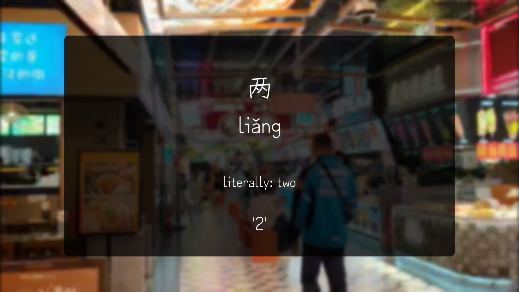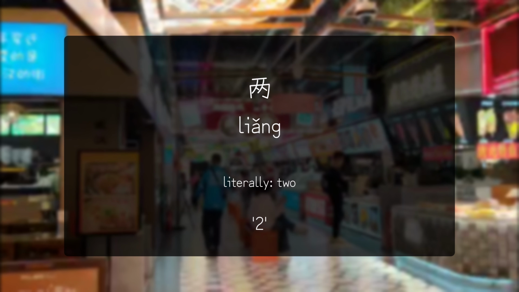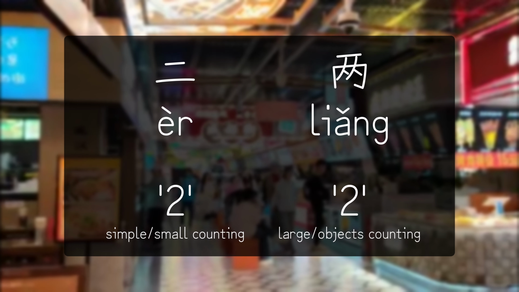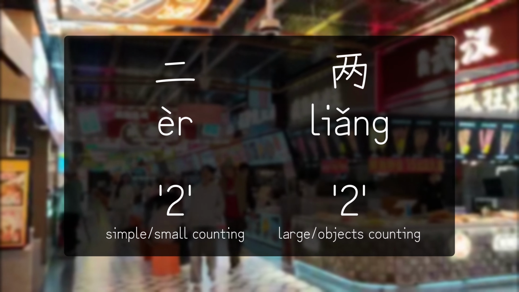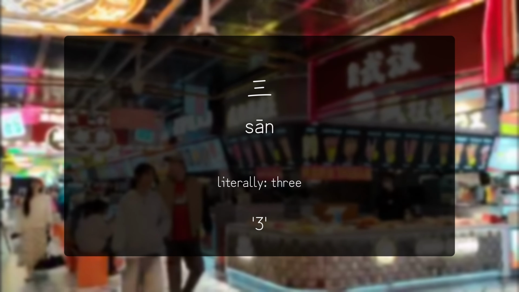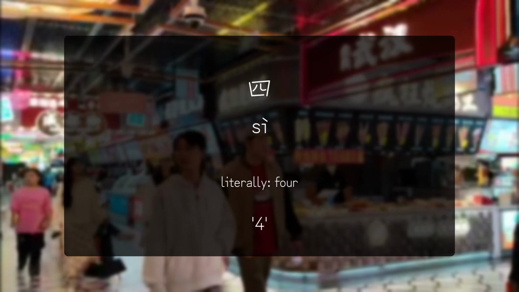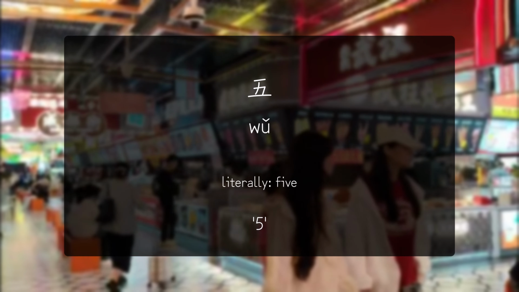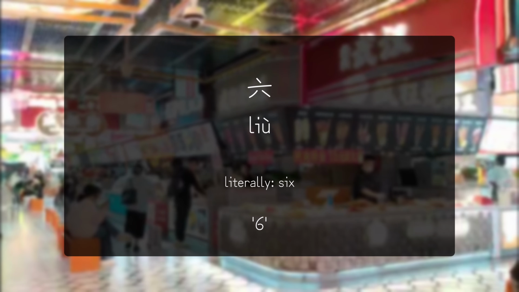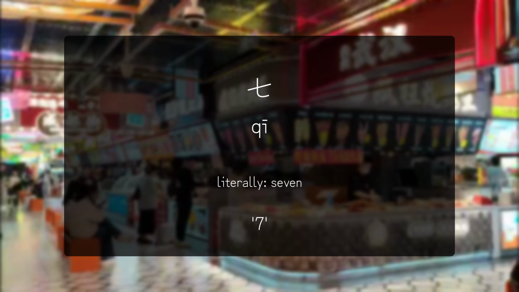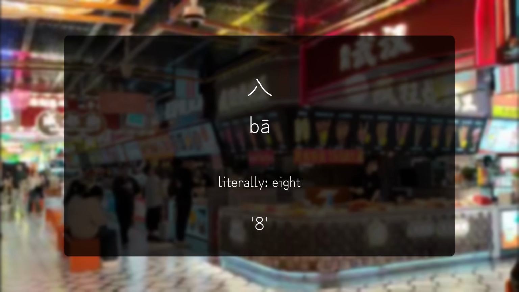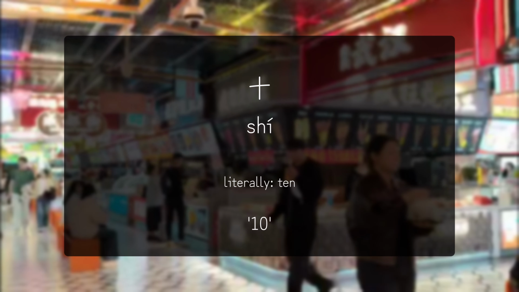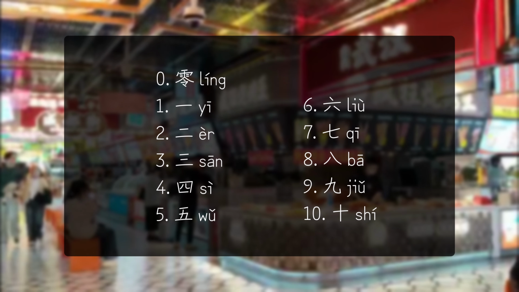We will see some examples of this later, but just remember for now that 二 is used for simple and small counting, and 两 is used for bigger numbers and when you count things. 3 is 三, 4 is 四, 5 is 五, 6 is 六, 7 is 七, 8 is 八, 9 is 九, 10 is 十. Now let's count to 10.